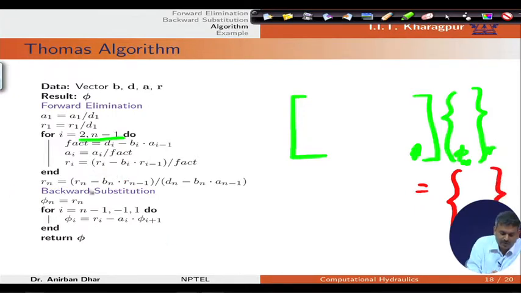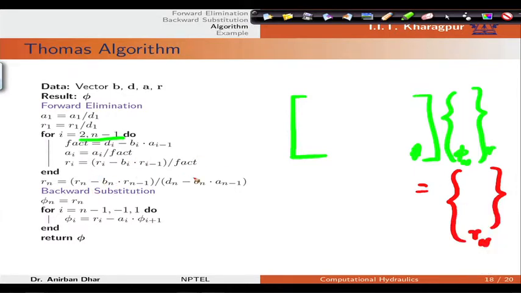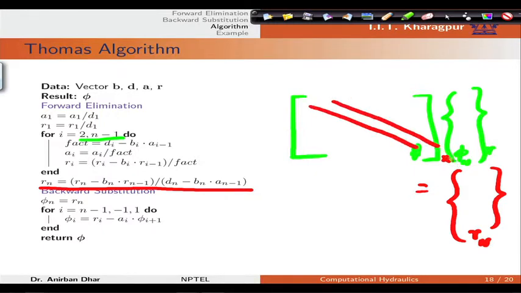In this process we are calculating A i equals A i divided by factor, for 2 to n minus 1. So, only for interior values, and at the end points we are explicitly calculating R n. We are avoiding the calculation of A n because A n is already 0. We already know that because we have this kind of structure. So, the lower value is 0.